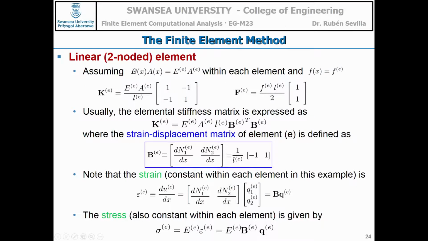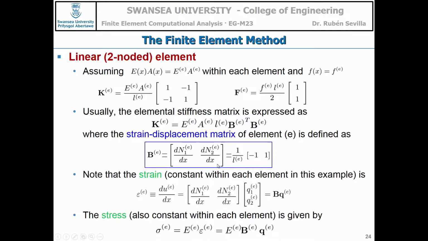Right. So we have the stiffness matrix here on top for a linear element with 2 nodes. You can also write it, and actually it's going to be handy in some examples, in this form. It's exactly the same as we had here, but written in this form. Young modulus, area of the cross-section, length, and then this matrix B. I'm calling it a matrix on purpose, even though for this problem it is a vector that contains the derivatives of the shape functions.